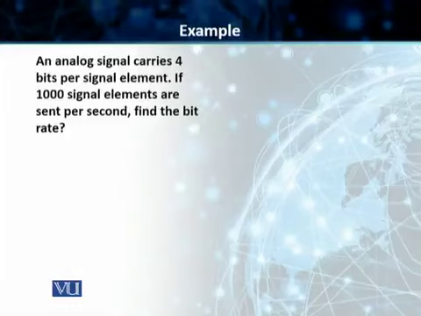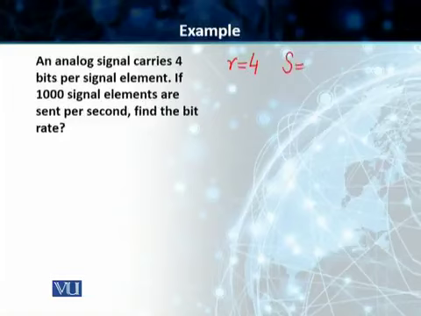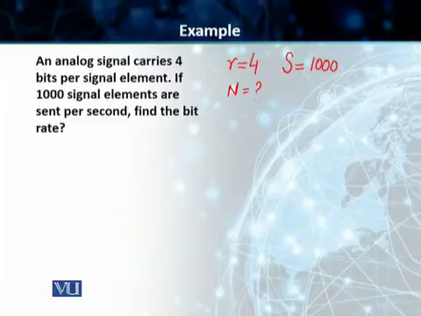The question is, if you've got 1000 signal elements which we are sending per second, then we need to find the bit rate. Students, the value of R is 4 bits per signal element. The value of S in this particular case, which is our signal rate, is 1000. And we need to find the value of N, which is our bit rate.